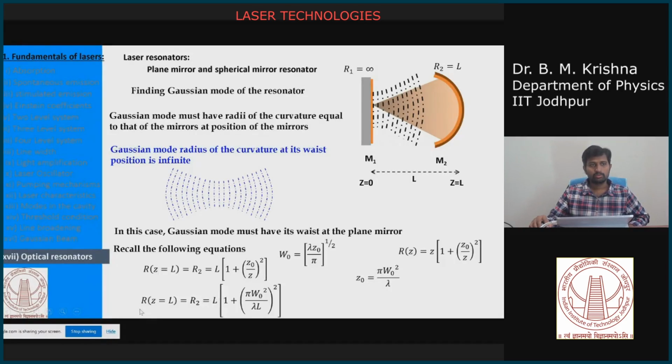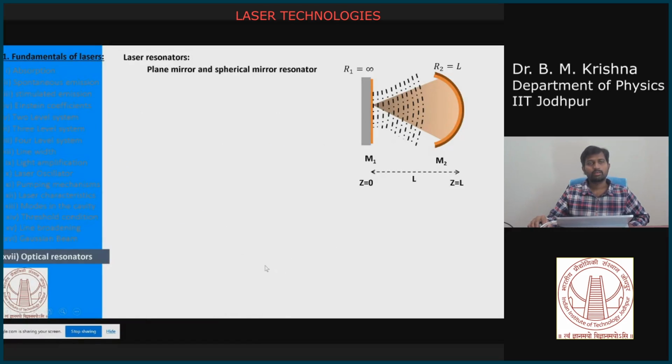So now your R2 becomes L into (1 plus (pi omega naught square by lambda L) whole square). Now I am squaring the whole term.